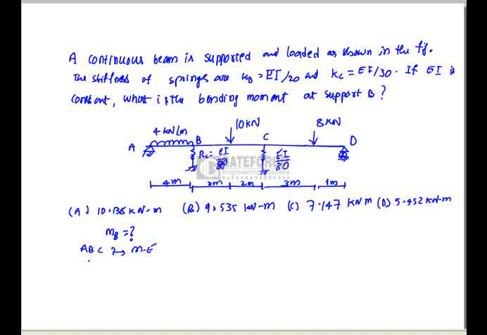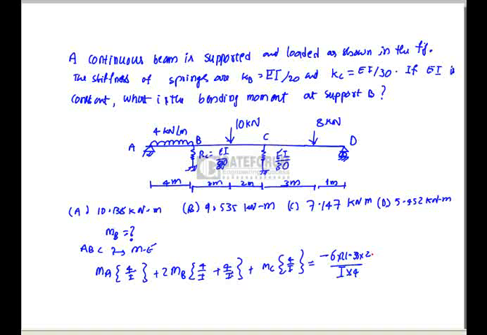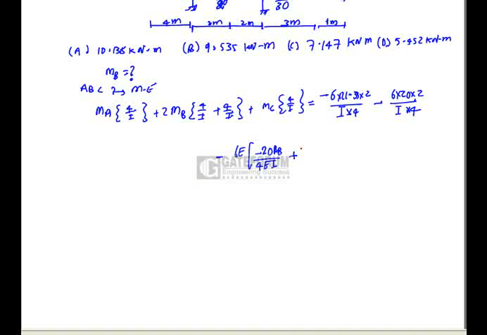So MA, the moment at A, 4 by 2 into MB 4 by I plus 4 by I plus MC 4 by I is equal to minus 6 into 21.33 into 2 by I into 4 minus 6 into 20 into 2 by I into 4 minus 6E into minus 20 RB by 4EI plus minus 20 RB by EI plus 30 RC by EI whole divided by 4.